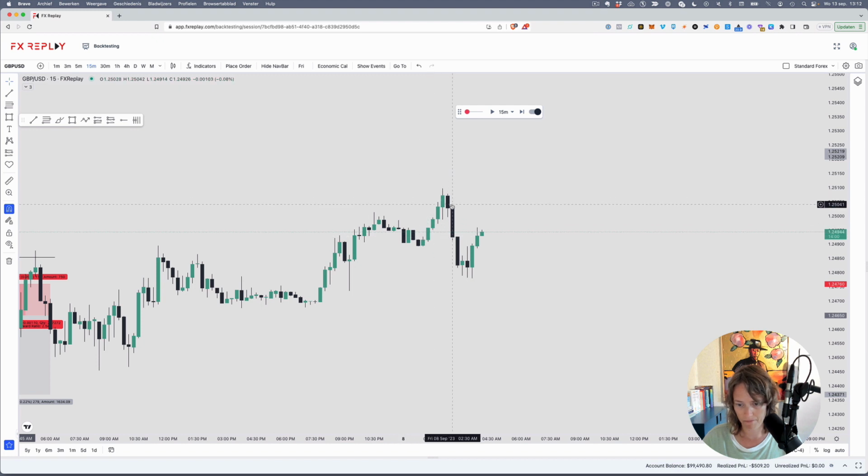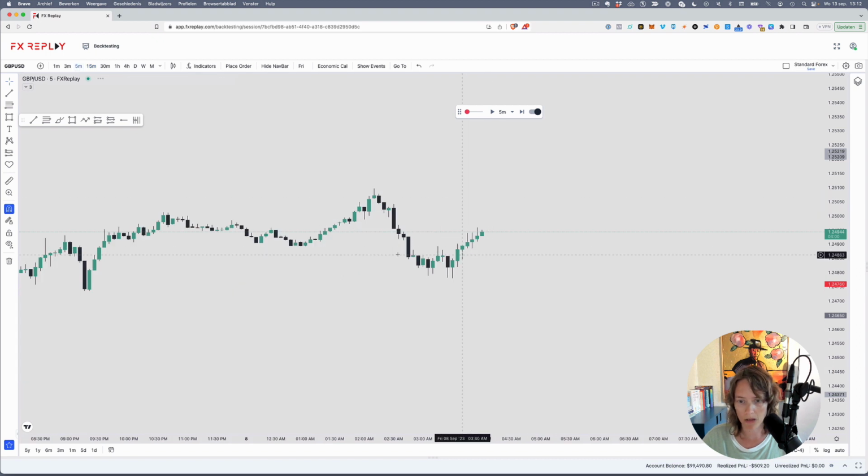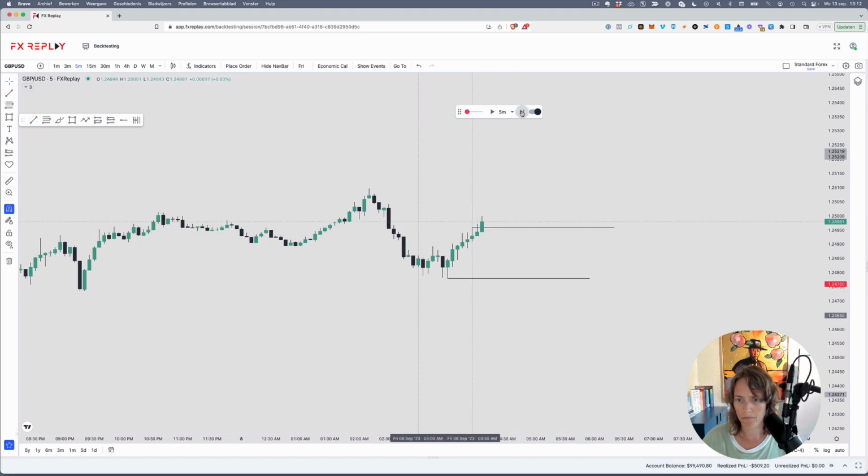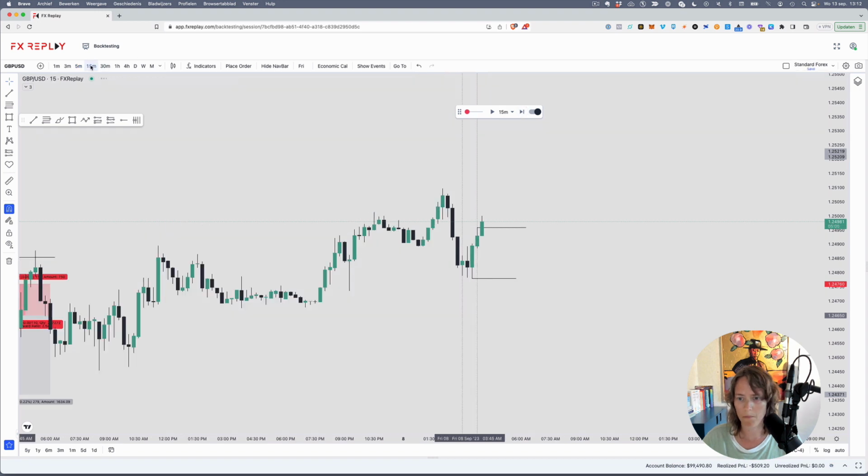We're on the 15. Bullish. No big fair value gap with an order block below, so I want to enter that one with the order block.